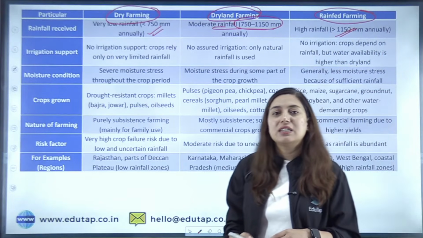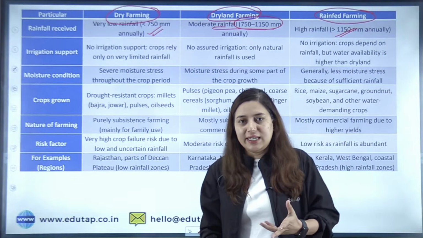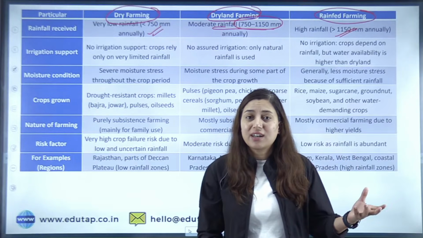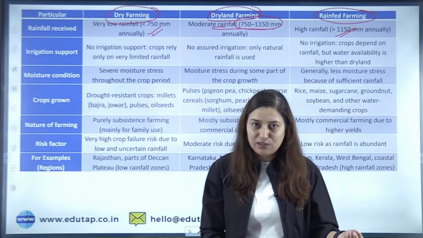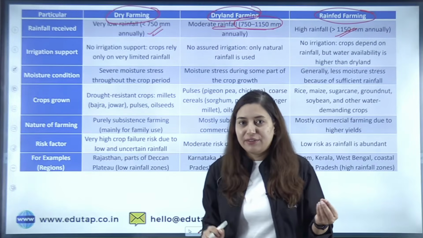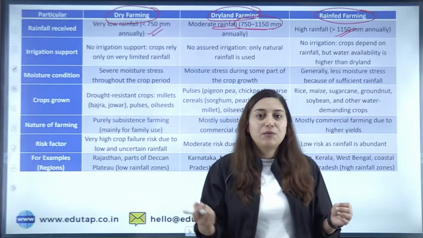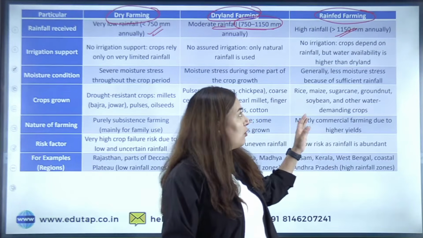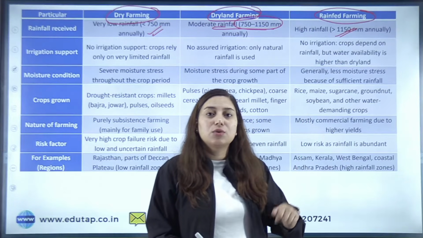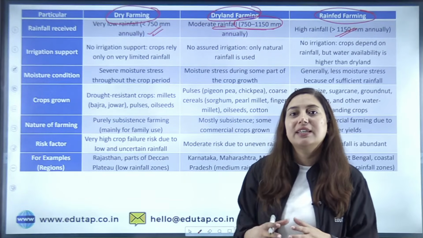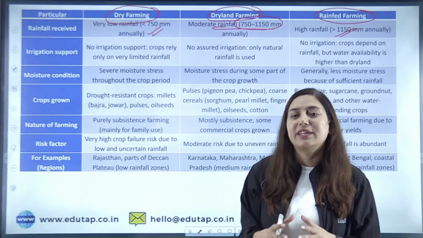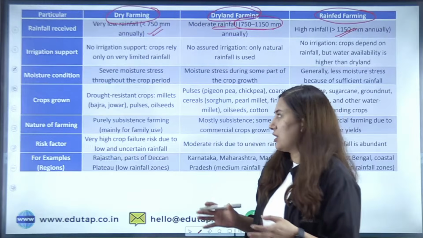See, there are areas in India like Rajasthan. There are certain parts in Rajasthan receiving very little rainfall, that will fall under dry farming. And then there are regions in our northeastern states where the rainfall is very high, so they will fall under rainfed farming, right? So based on the amount of rainfall received by any particular region, this classification has been done.